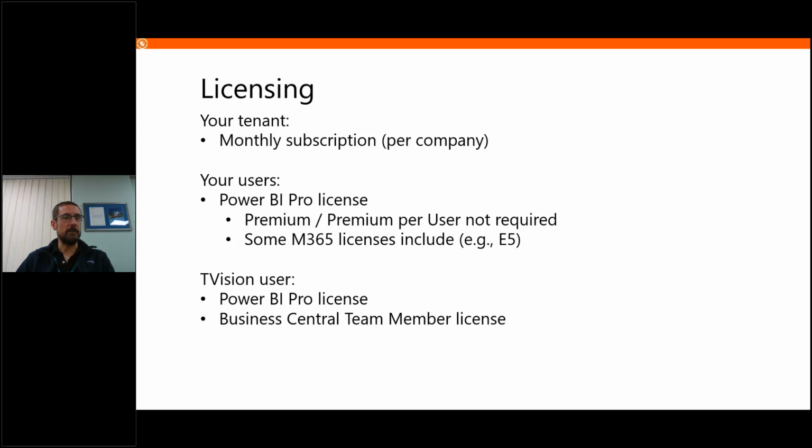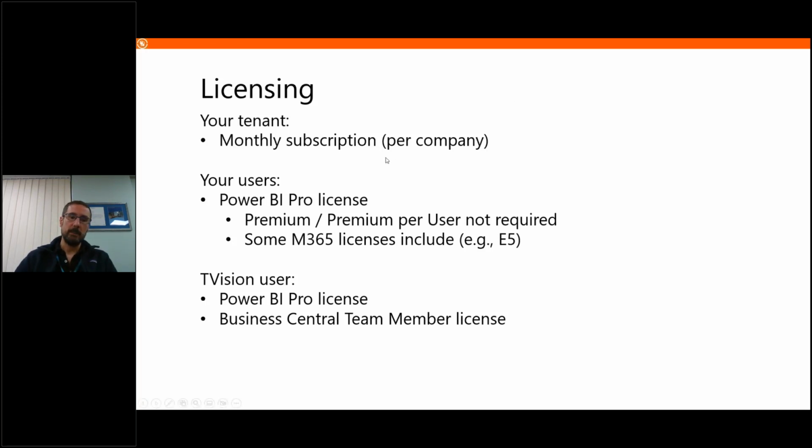And we also then do need to have a license, a sort of named user license on your environment. That just needs to be a team member license, so it's not a full user that's required, it's only consuming the data. And we also then need a Power BI Pro license on your tenant as well, and that's so that we can manage the whole Power BI solution for you. So that means that we can link it up to your tenant and your environment, and also then publish the data as well.